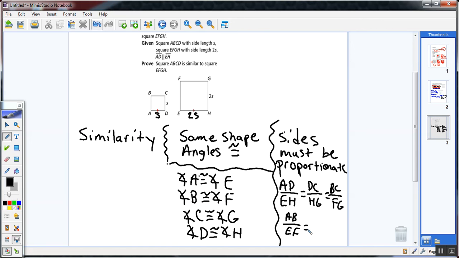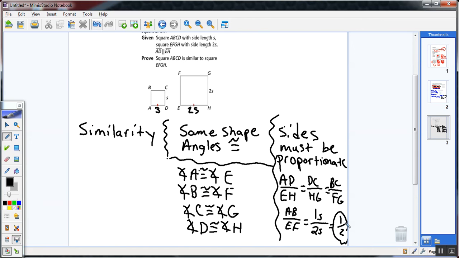S, or in other words, 1S over 2S. What's 1S over 2S going to simplify to? The ratio of all corresponding sides is 1/2.